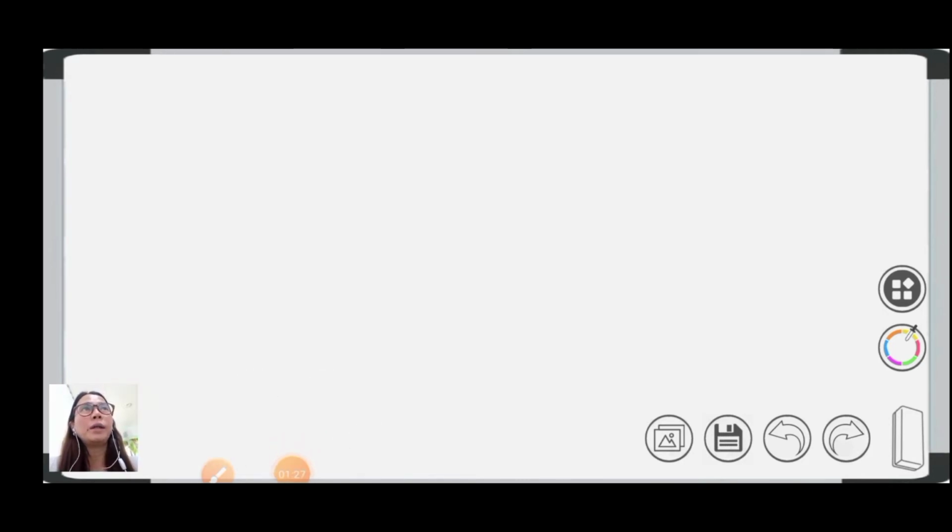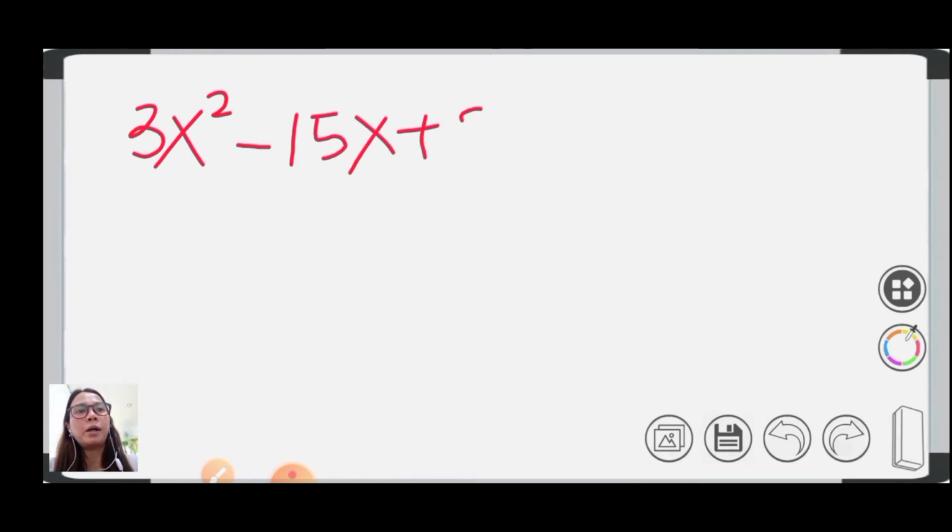Okay, so what if we have 3x squared minus 15x plus 18? As you examine the trinomial, it is written in descending order. But take a look at the trinomial.